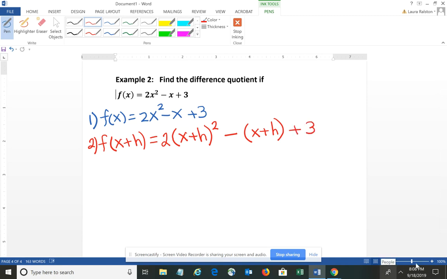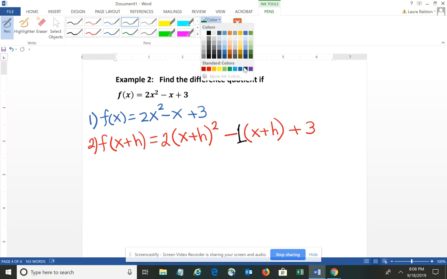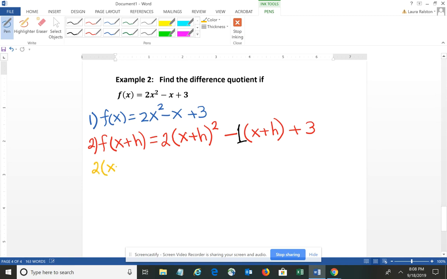Now, it's important to remember that in front of this second parenthesis, there's an understood 1 there, so we've got to make sure we distribute. So then I've got to simplify, but remember, this is really 2 times x plus h times x plus h.